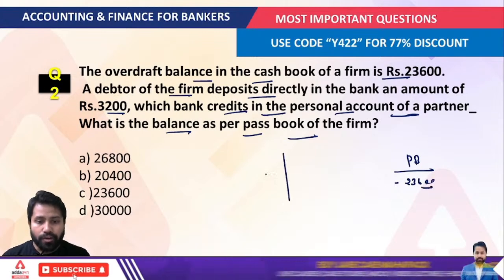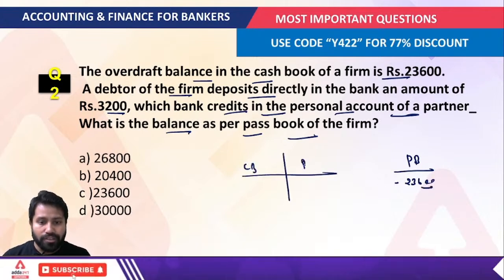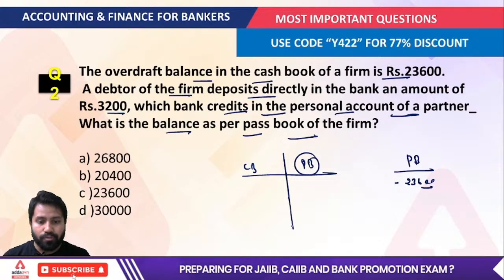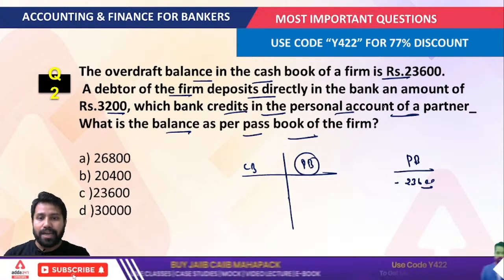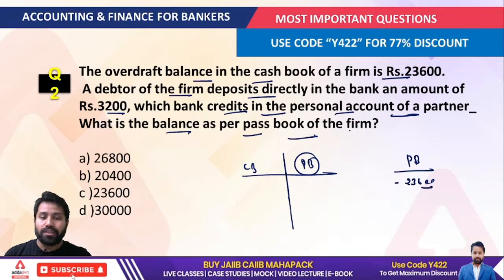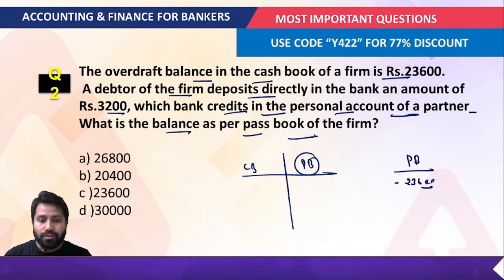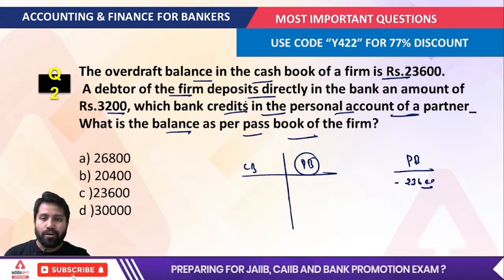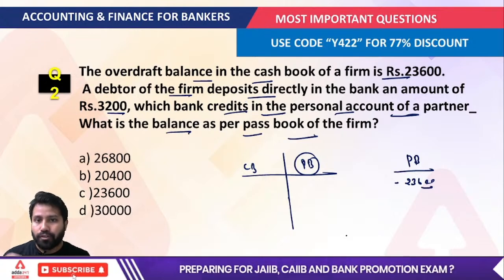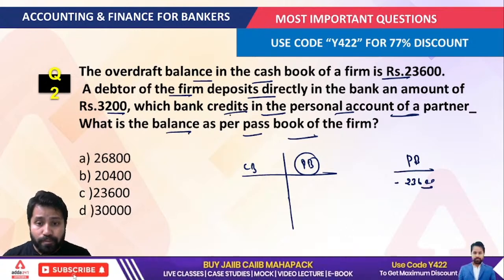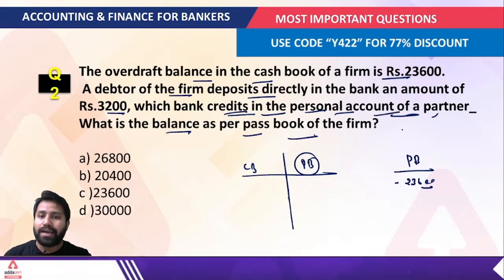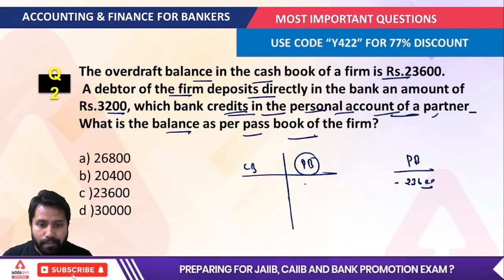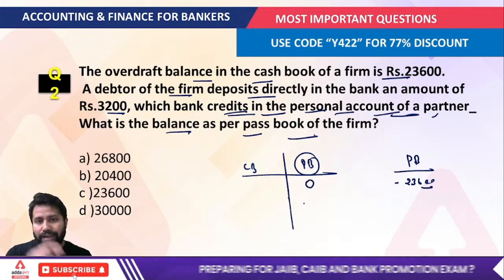Okay, now when you make this table, cash book and passbook, you can understand a debtor of the firm deposited directly in the bank. So if the debtor of the firm directly deposits into the bank an amount of 3,200, which the bank credits in the personal account of a partner, not in the account of the firm, that means in the bank statement this transaction would reflect as a zero.